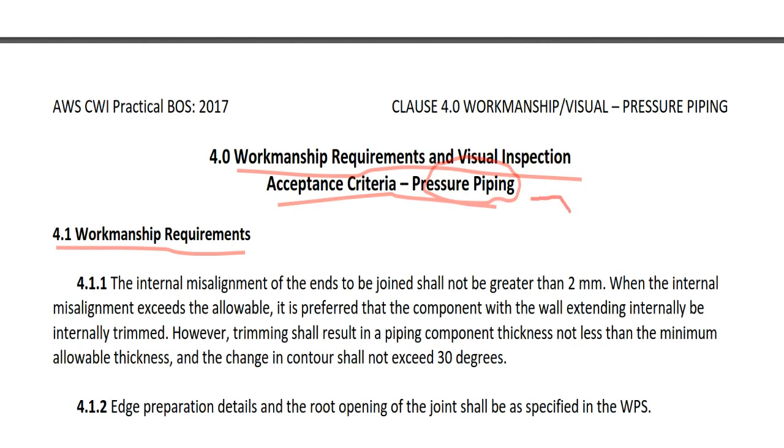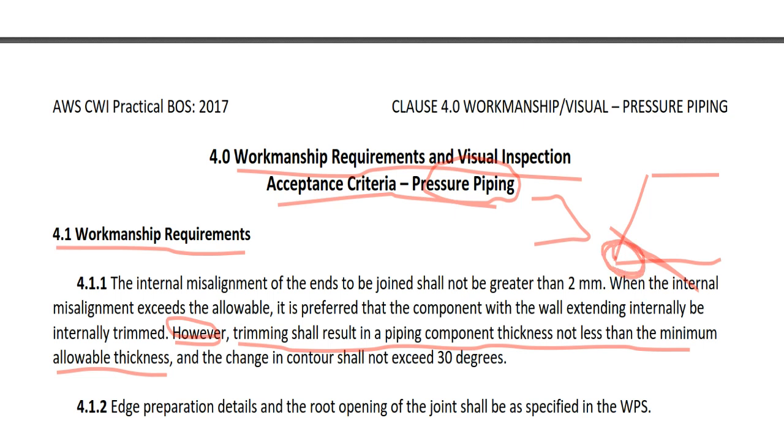When you have different thickness in the butt joint, something like this, then you need to trim this amount of base metal, which has a higher thickness, to here. Trimming should not result in the piping component thickness being less than the minimum or lower thickness.